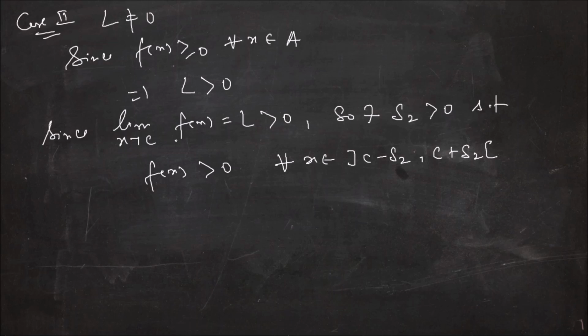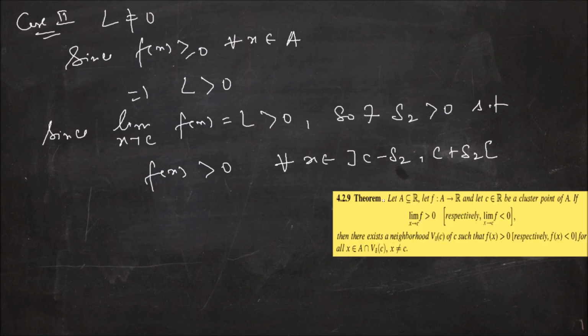So since limit x tends to c, f x is greater than 0, we are able to find a delta 2 greater than 0 such that f x is greater than 0 for every point in this interval c minus delta 2 to c plus delta 2. And which theorem are we using? We are using theorem 4.2.9. So this is the result that we are using.